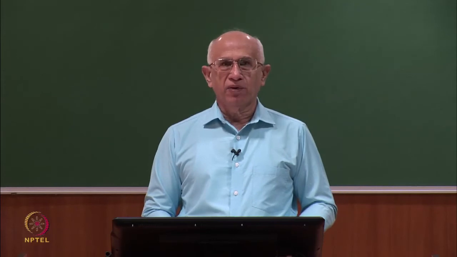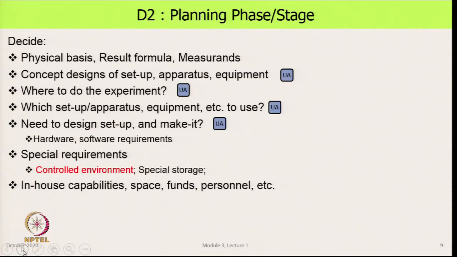So, at the end of the planning phase, we have with us a physical basis of what to design, a concept design we have, which also gave us the physical basis, the result formula, and what are the measurements and what we will measure in the experiment. That is what this one is. It gave us some idea of the setup, apparatus and equipment, and some idea of the uncertainties that we can expect in that.